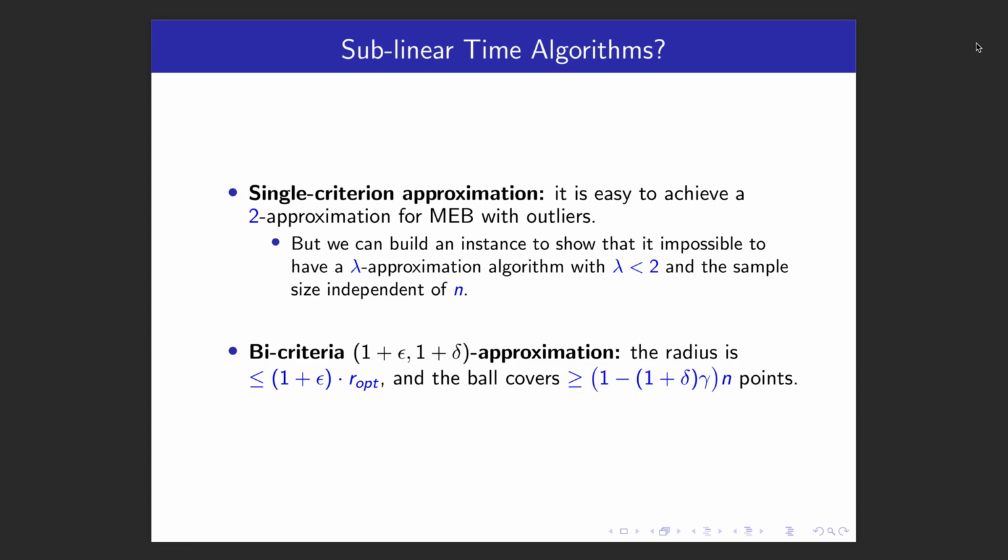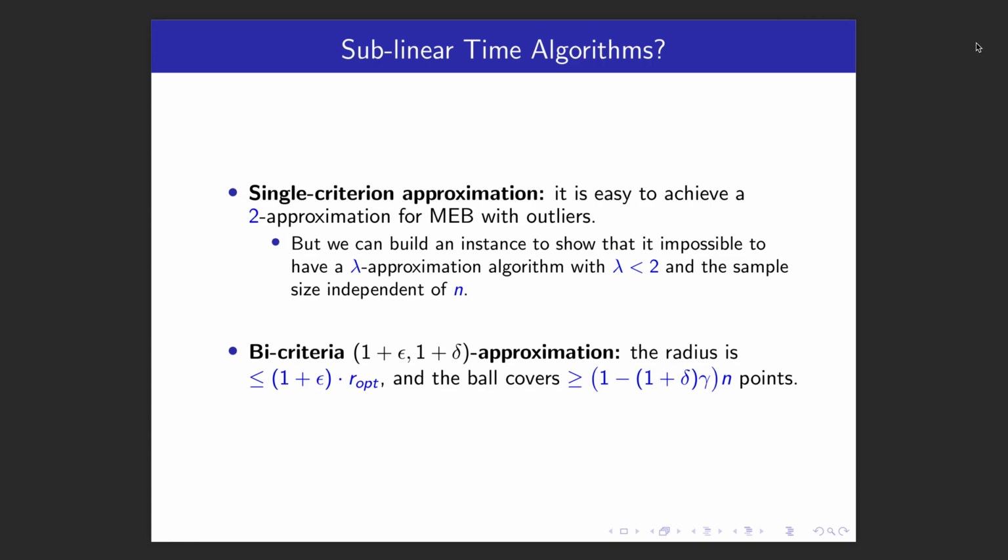So in this paper, we tend to focus on the bicriteria approximation. Here we have two parameters to define the bicriteria approximation. First, we require the radius to be at most (1 plus epsilon) times R_OPT, where R_OPT means the optimal radius. And also we require the ball to cover at least (1 minus (1 plus delta) times gamma) n points.